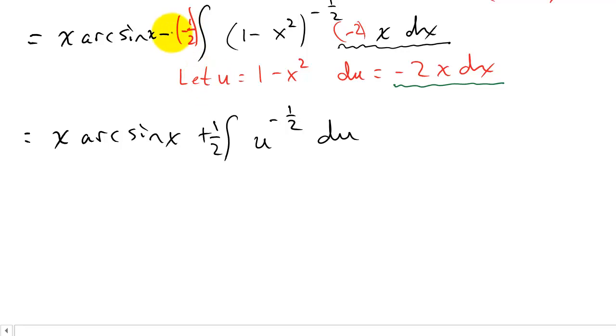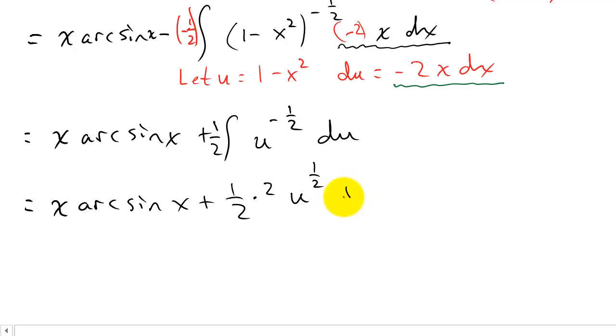The minus and the minus is a plus, and then that's just plus 1/2. Alright, so now we get x arc sine x plus 1/2. And then what do I do here? I add 1, so that's going to be u to the 1/2, and then I multiply by the reciprocal of my new exponent, so that's times 2 and plus c.